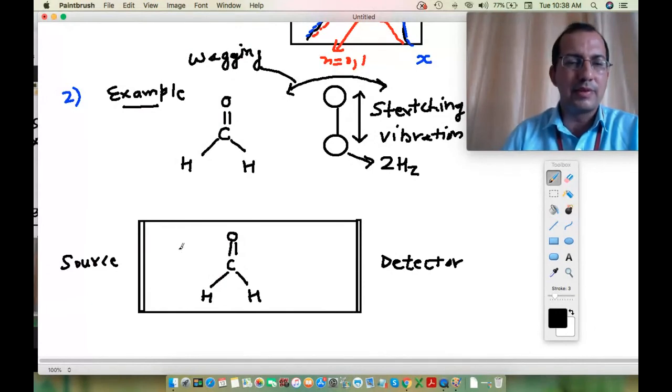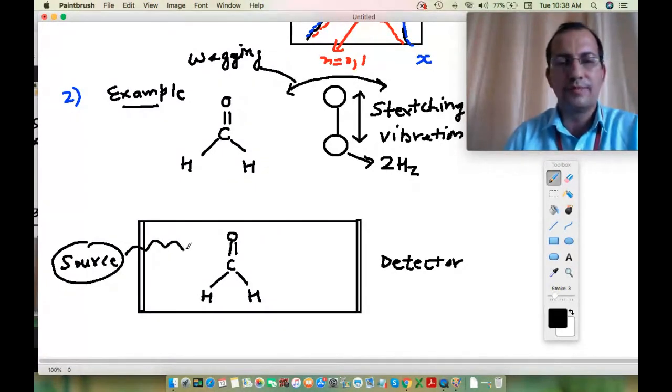So what will happen in this case? You have a source and a detector. You start with the source, and you have given 1 hertz light. Now the vibrational frequency of this molecule is not 1 hertz.